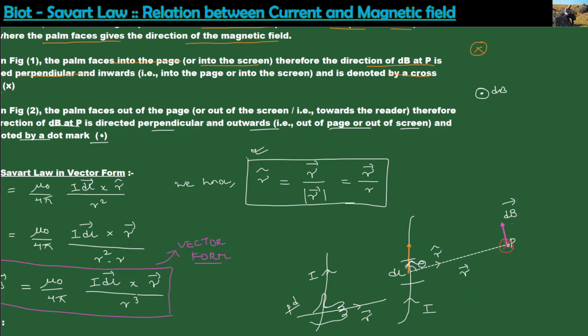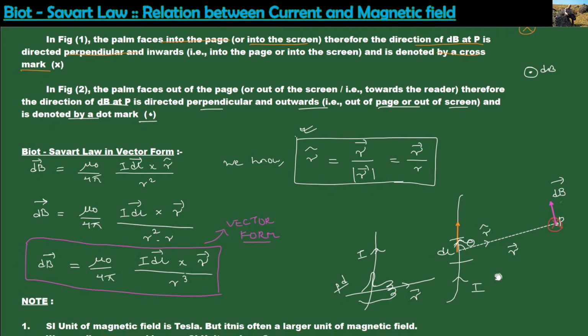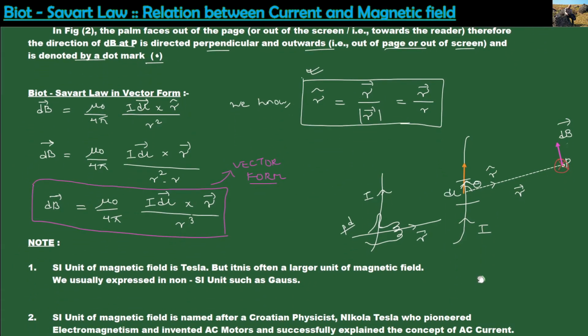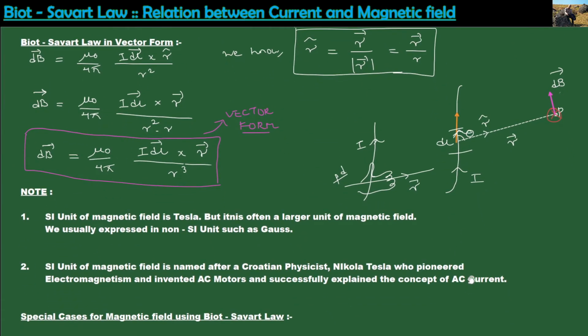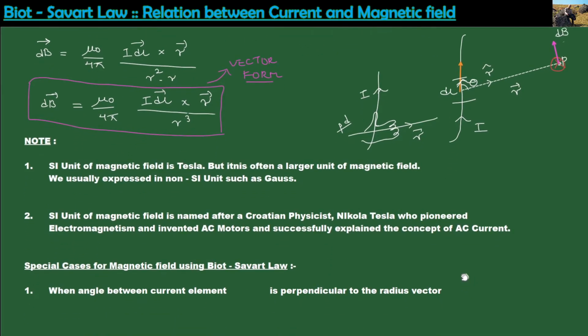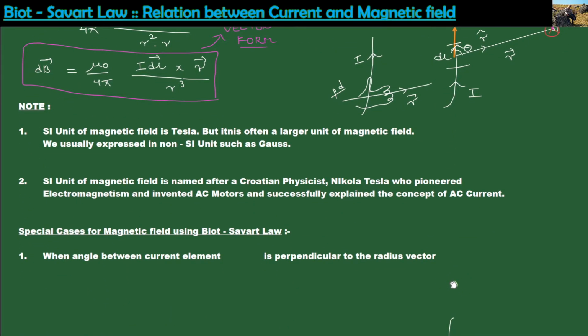So that is the illustration with regards to Biot Savart Law in scalar and vector form. Always remember that the SI unit of magnetic field is the Tesla. Why is it Tesla? Because the SI unit is named after the Croatian physicist Nikola Tesla.